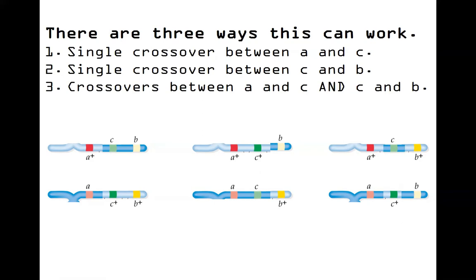One thing that is going to help us out is to realize that with double crossovers, we did have a crossover between A and C, and then a second one between C and B right here. That's going to be important in a little bit. Another thing that's going to be really helpful is to remember the association between what we see as the phenotype and what has happened on the chromosomes.